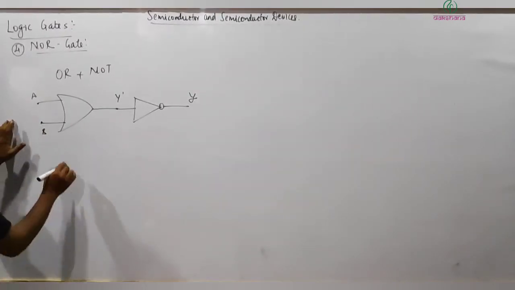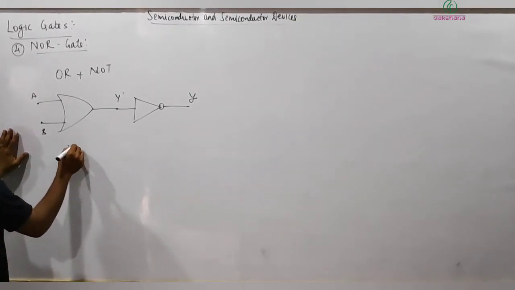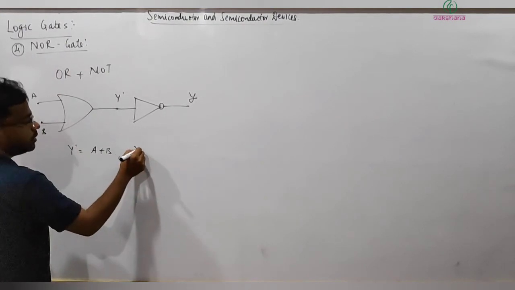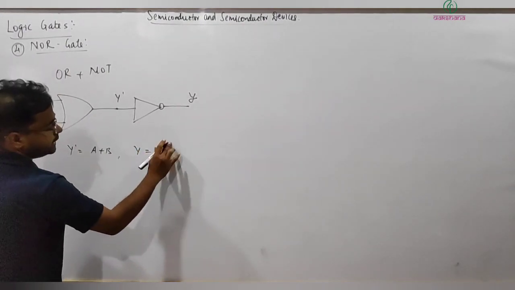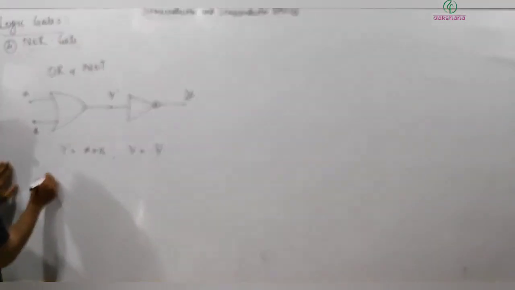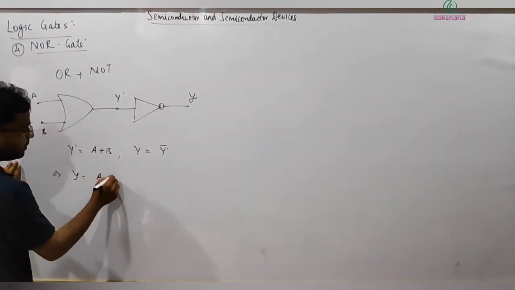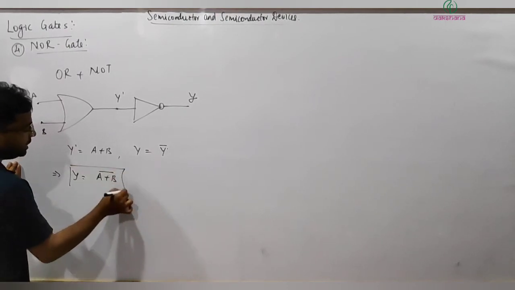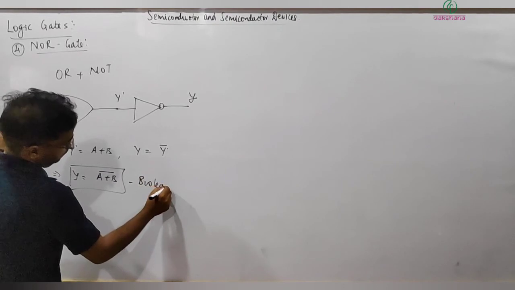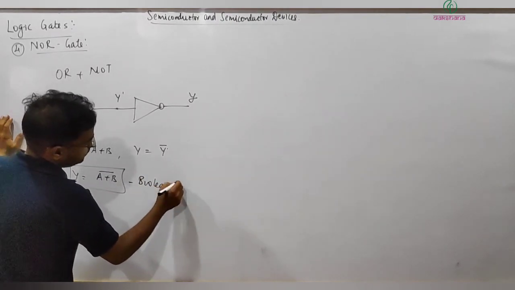So Y prime is A plus B, and then Y is the inverse or bar of Y prime. So finally we are getting Y is equal to (A plus B) bar. This is the Boolean expression for NOR gate.